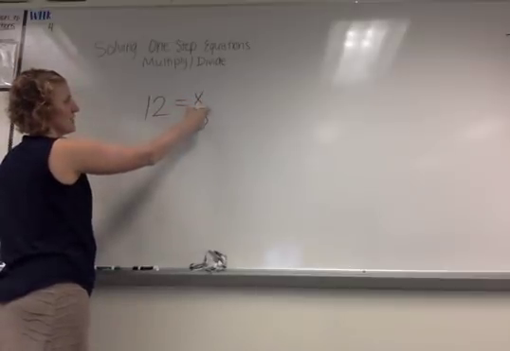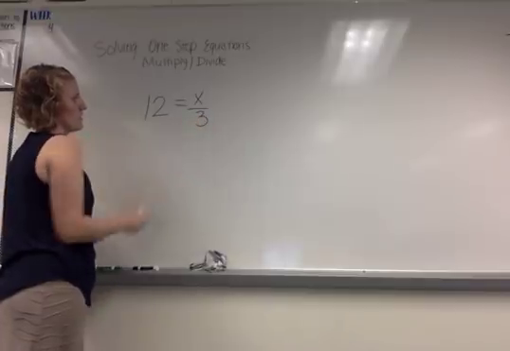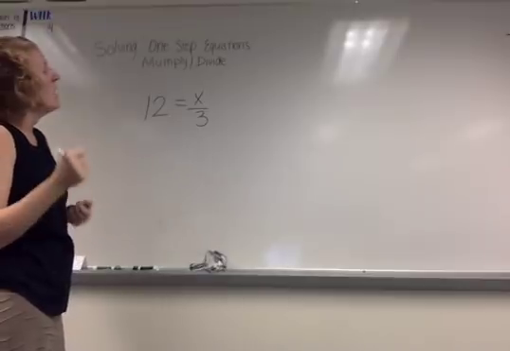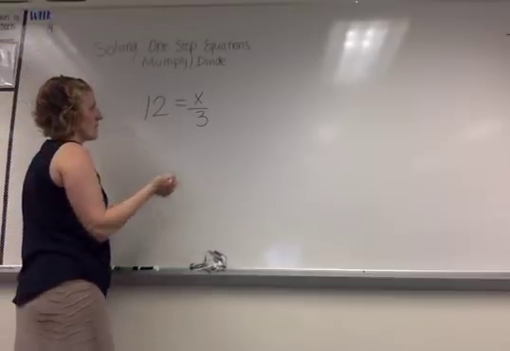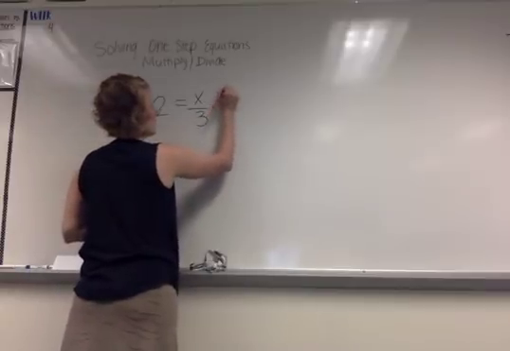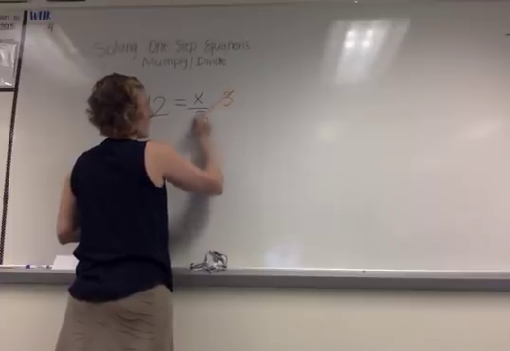So this is x divided by 3. It looks like a fraction, which, remember, fractions and division are the same thing. So it's x divided by 3. If you have to think about it, what is the inverse of divide by 3? It's multiply. So 3 divided by 3 again will cancel.